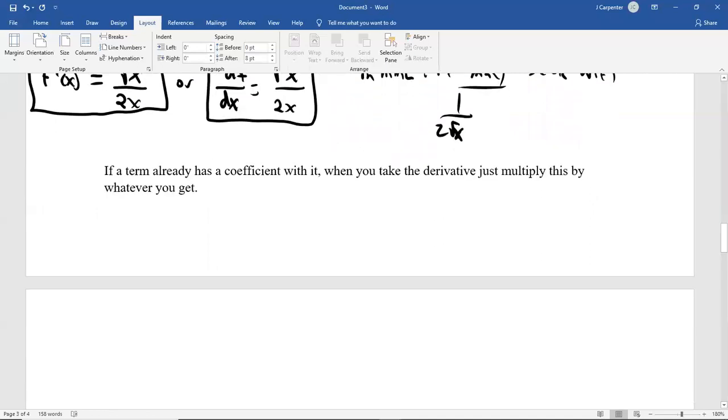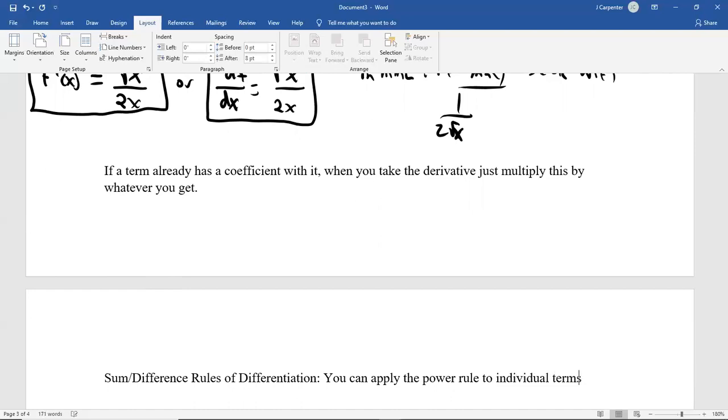Also, you have the sum and difference rules of differentiation. It just says that you can apply the power rule to individual terms of a function separated by pluses and minuses, but not multiplying or dividing.